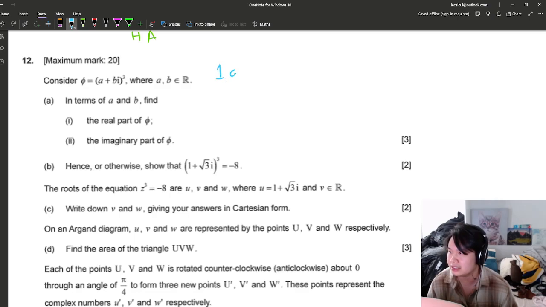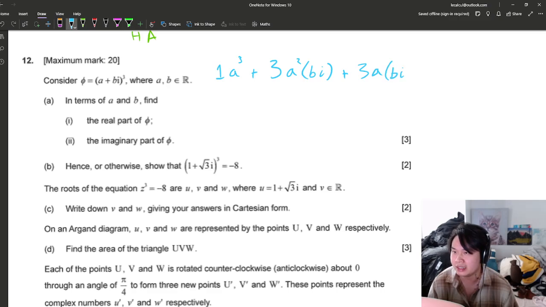So it's 1 times a to the power 3 plus 3 times a squared times bi plus 3 times a times bi squared plus 1 times bi to the power 3.